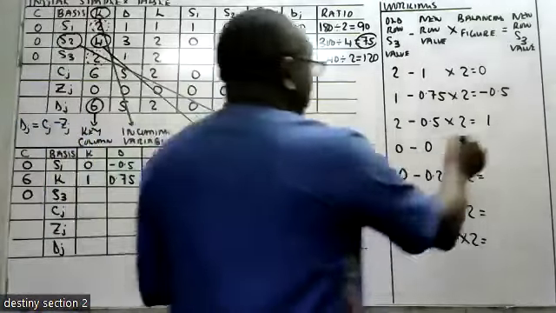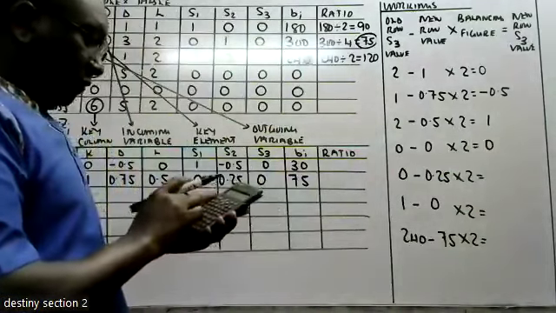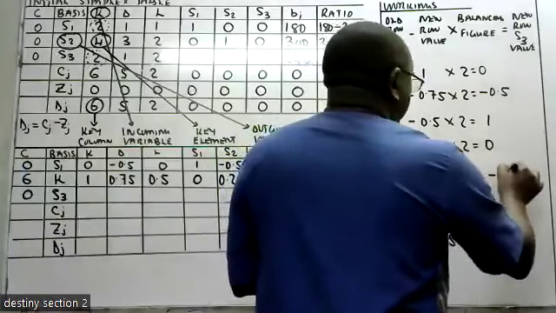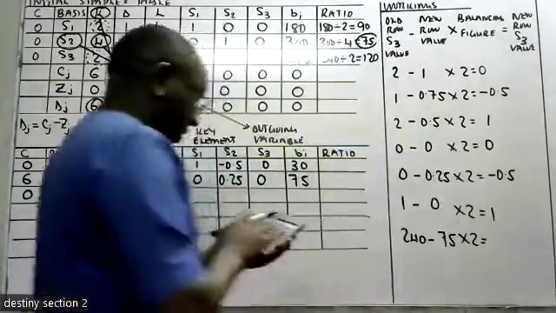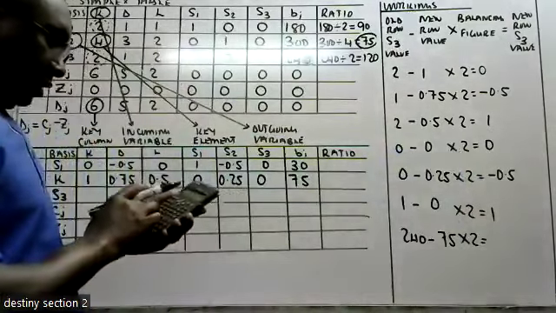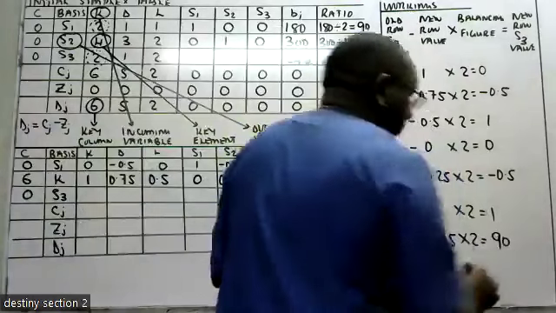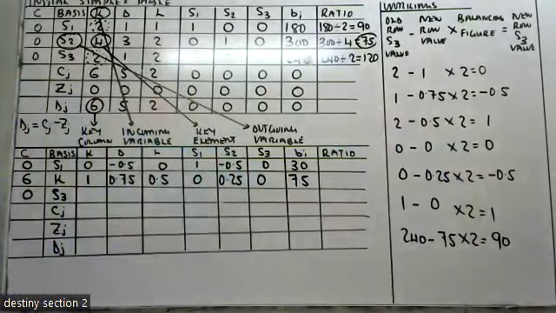This one will be 0. This is 0 minus 0.25 times 2, negative 0.5. This is 1. 240 minus 75 times 2 is 90. So those values, you quickly record them here.